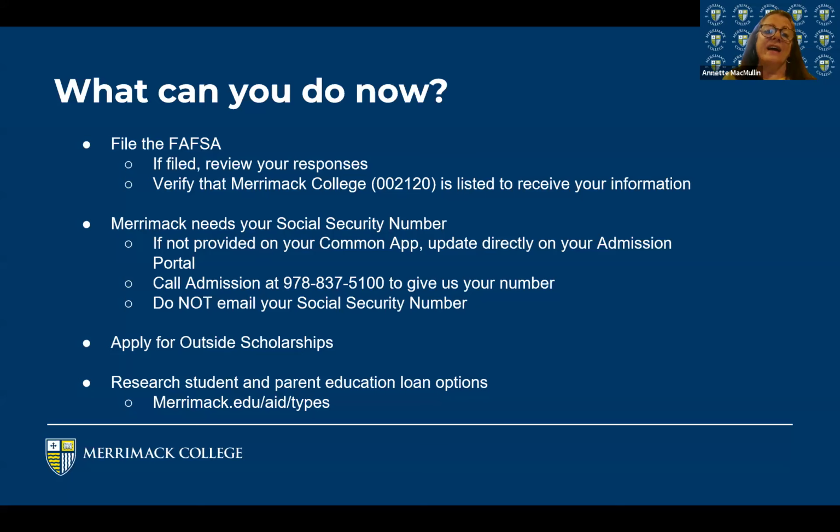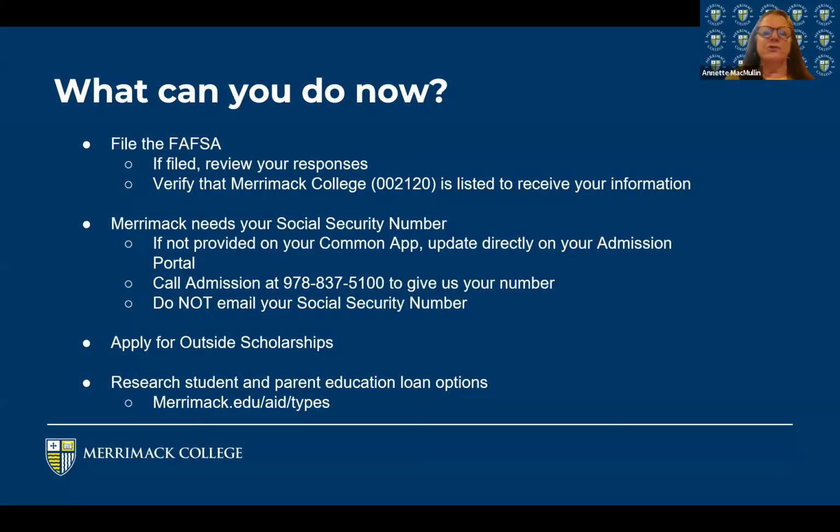But what can you do now, right? If you haven't filed the FAFSA, I always say it's a great thing to do because filing the FAFSA is free. And if something happens with your family's financial circumstances 6 months from now, if we already have your FAFSA on file, it's easier for us to work with you and your family. And you can then tell us what has changed with your financial picture.